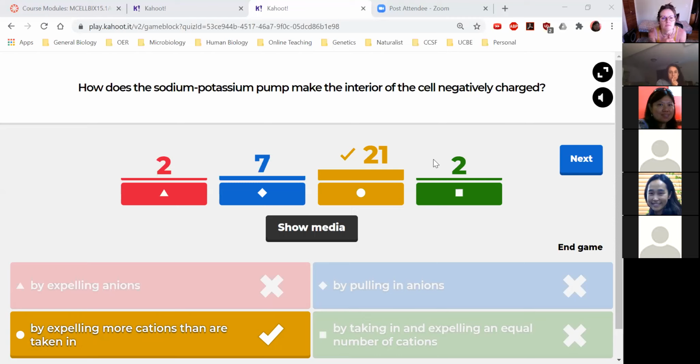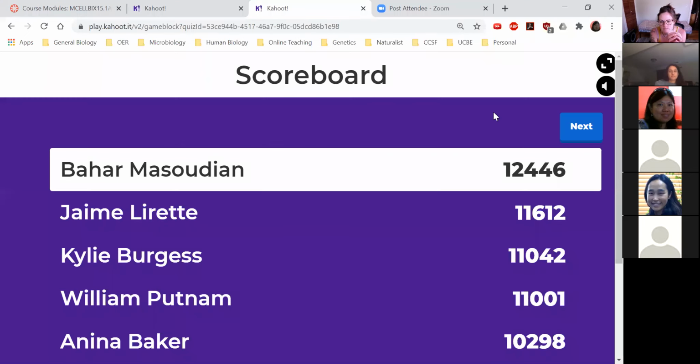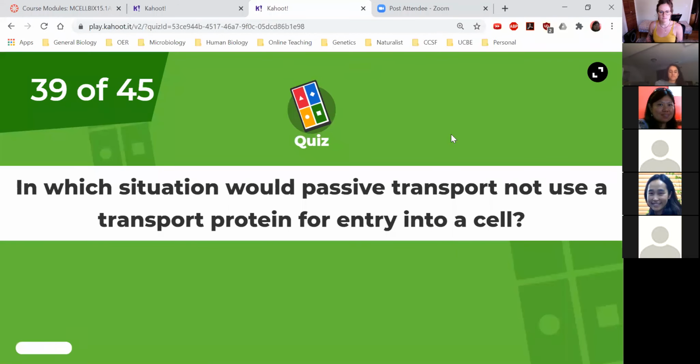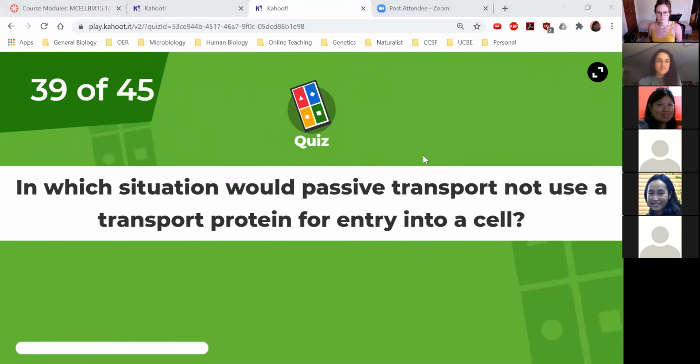But that carrier process is still considered active because you're using the energy released from sodium flowing in to fuel the transport of glucose. So it is a little bit more nuanced than that. Sometimes you can't just say active versus passive. It depends on who you're talking about.